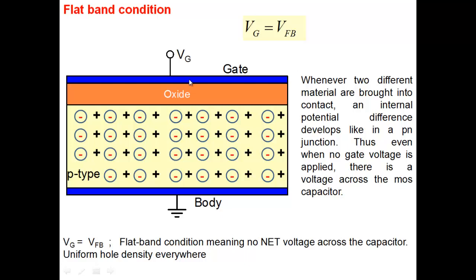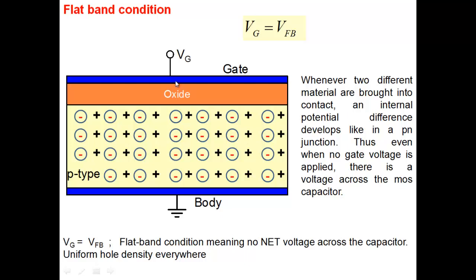So here also, we have a gate, a metal, on one side, and we have a semiconductor. When you put the two of them together, there is a sort of built-in voltage between the metal and the semiconductor. So you have to apply a voltage in order to cancel the effects of the built-in voltage, so that there are no fields inside the semiconductor.